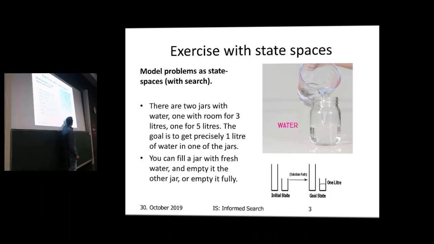You start from some empty situation where no water is in the jars, and you want to achieve the situation where you have 1 liter in one of the jars, and these different actions. So think about how you could represent this as a mathematical abstraction, a state space representation in which you could then later apply this idea of what are the possible actions that I can take and how can I formulate them, again, in some abstracted way, like we did with the travel through Romania yesterday in the lecture. So think of it.